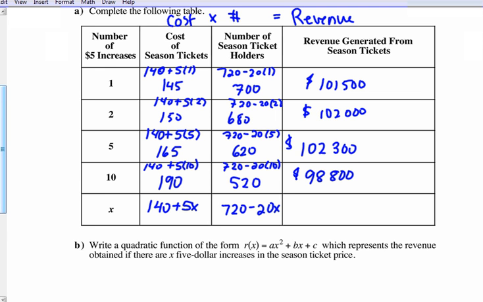And so what would the revenue be? Remember, our revenue is our cost times the number of people who buy. So our revenue would be equal to (140 plus 5x) times (720 minus 20x).